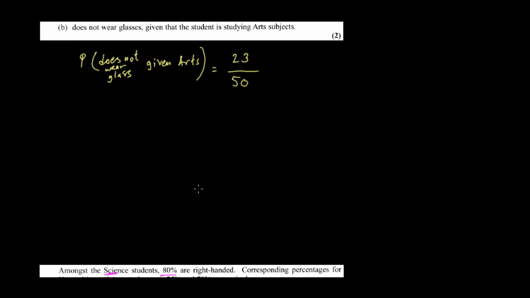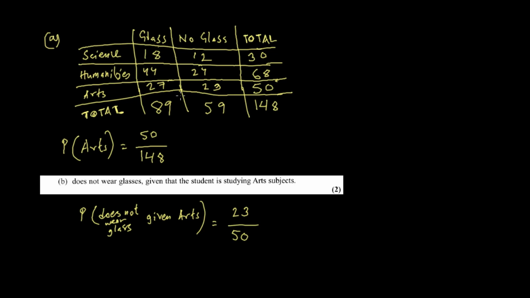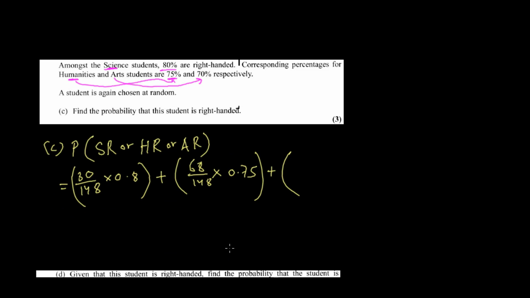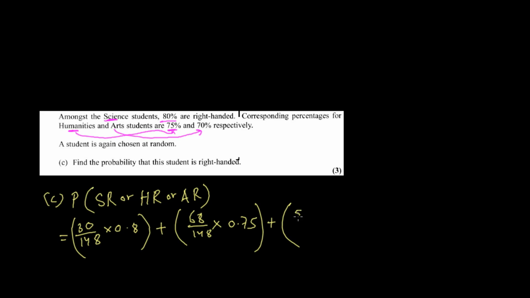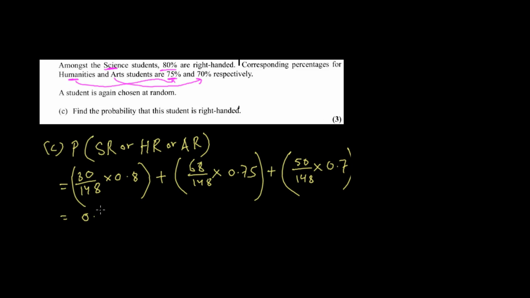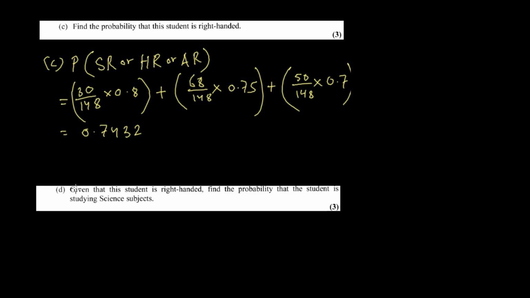So probability of being an art student: 50 students study art, divided by 148. So 50 by 148 times 0.7, since 70% of them are right-handed. So let's calculate this. It comes to 0.7432.